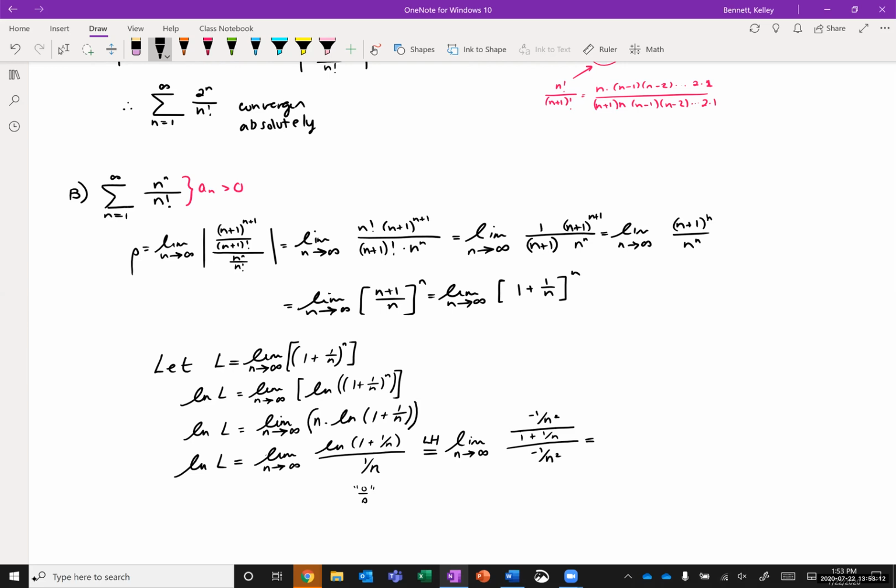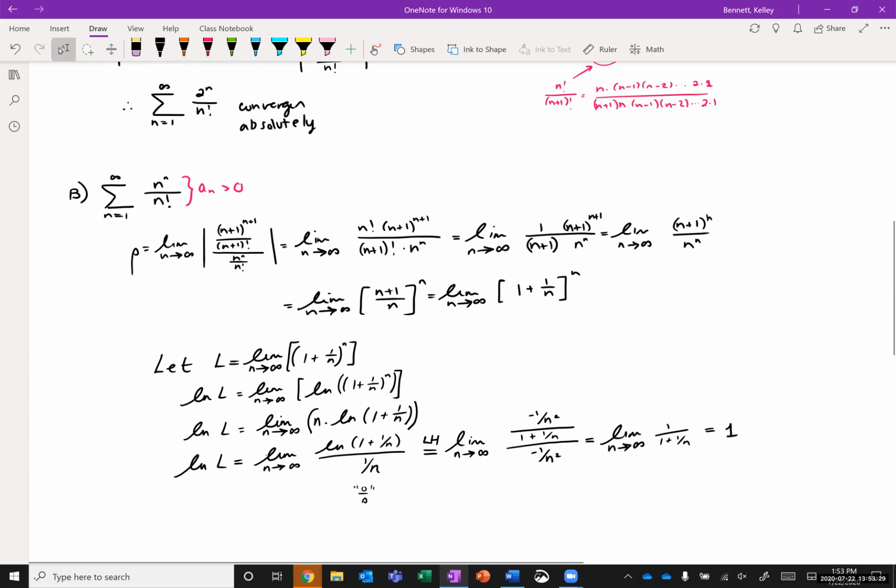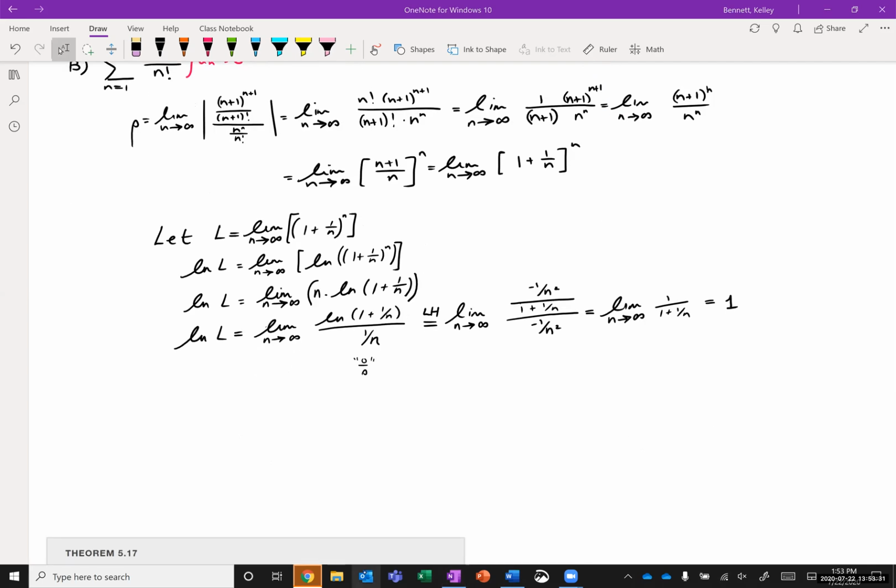So now this will simplify into 1 over 1 plus 1 over n. So as n goes to infinity, this goes to 1. So now we have that ln of L equals 1, which is the same thing as saying L equals e to the first power, L equals e.